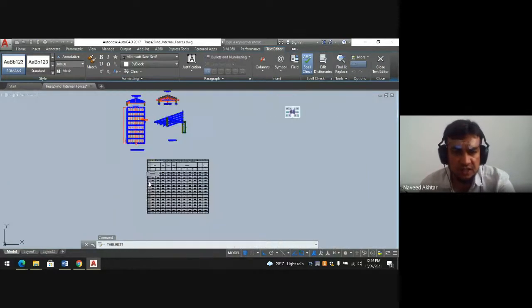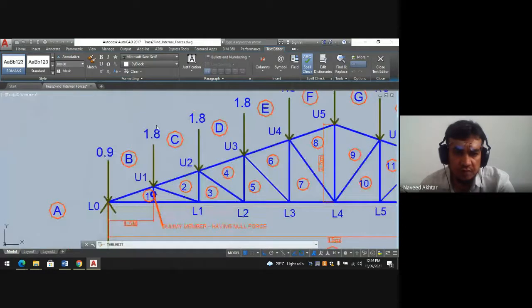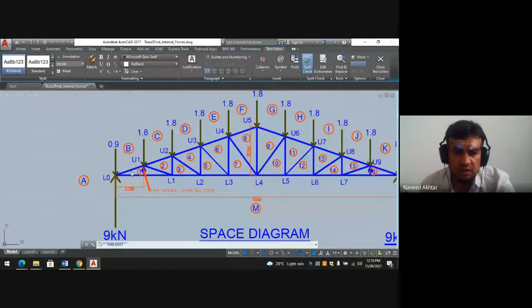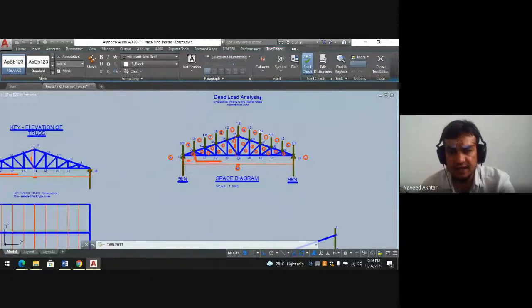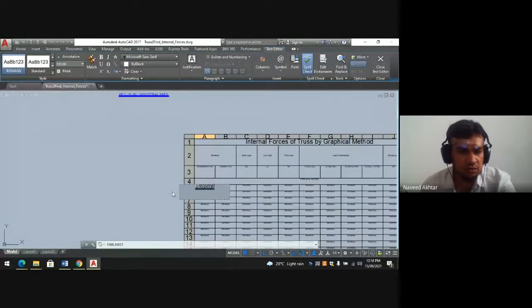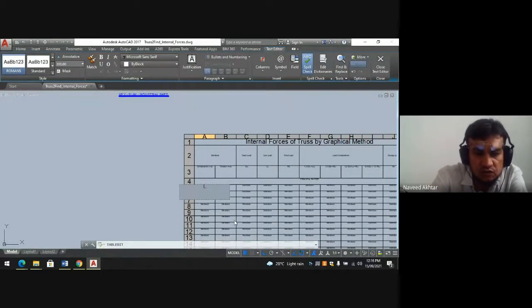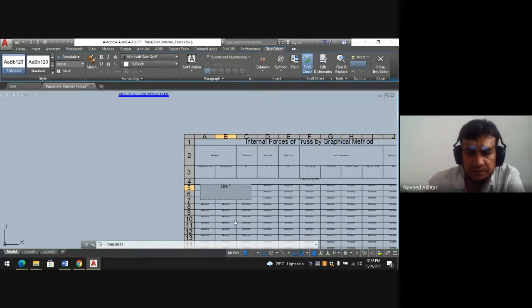If you see the principal rafter, the top chord member of truss, L0U1 to U9L8, both are the same.